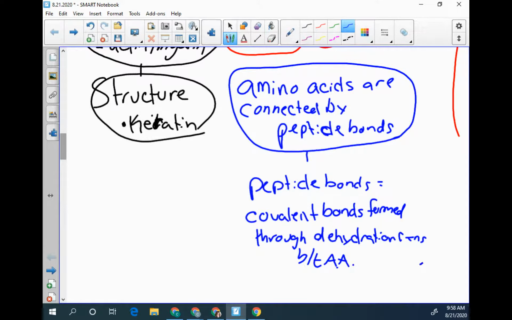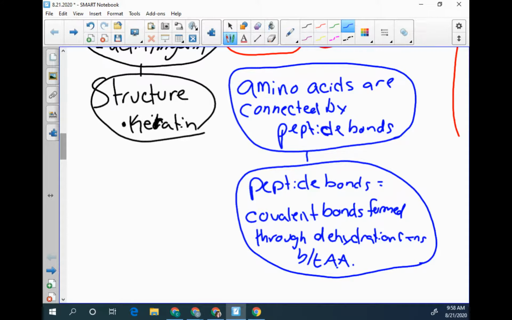So the only time something will be called a peptide bond is if it is bonding two amino acids together. Because scientists like to name some things a million times. They couldn't just call it a covalent bond. When it comes to amino acids, they have a special name for it. Reactions, sorry.